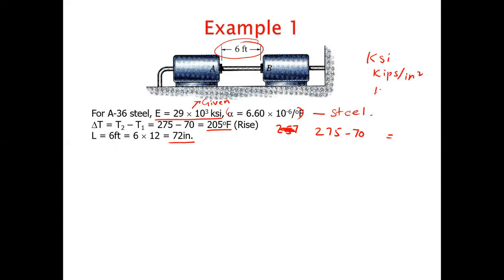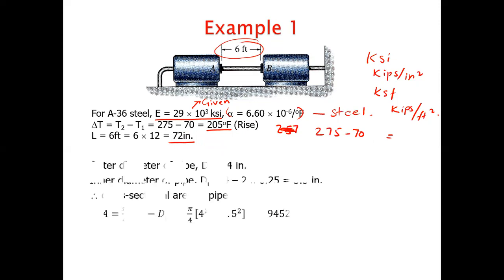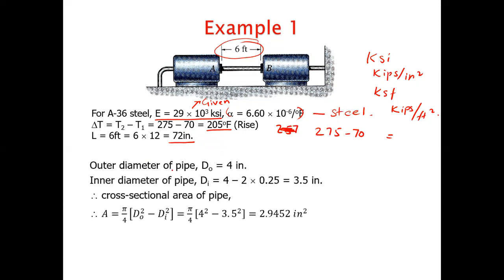If it were in KSF, that means kip per foot square, so we would keep it in feet and not change it. Since this is KSI, this is in inch, we have to make it the same unit, otherwise it will be trouble. I'll solve the problem in the next step to show how it works.